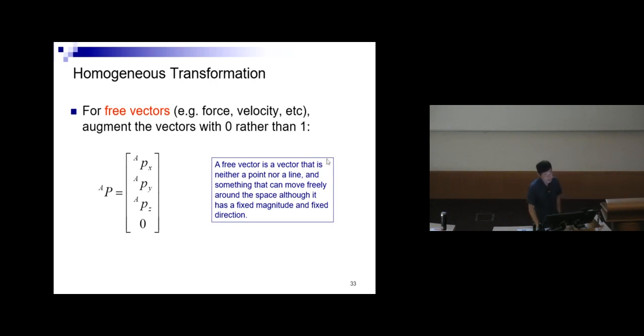An example of a free vector would be force, velocity, and so on. In this case, you will augment the vectors with 0 rather than 1. So not all the time do you have a 1 over here.